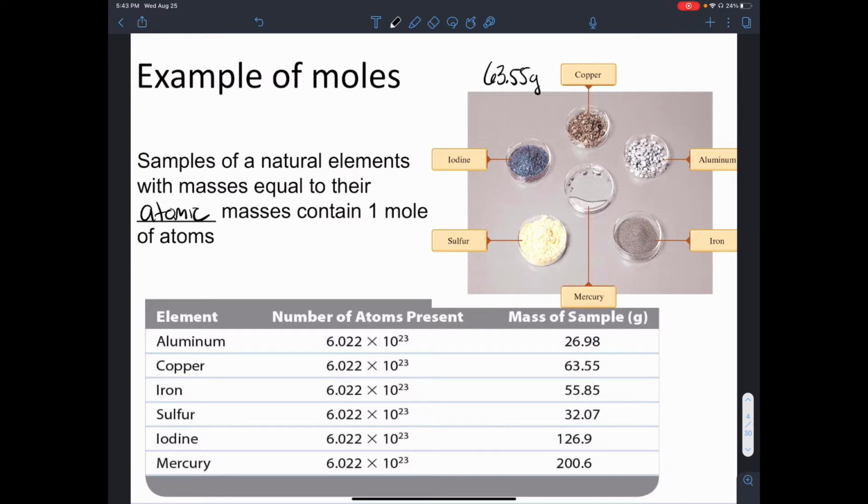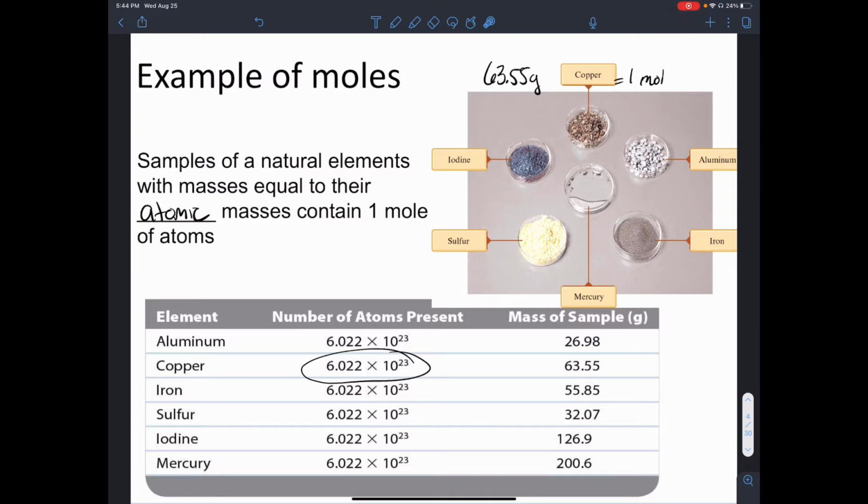That's the atomic mass of copper, so therefore this represents 1 mole of copper, or 6.022 times 10 to the 23 atoms of copper. And the same is true for the rest of these elements. This represents 1 mole of iodine, aluminum, iron, mercury, and sulfur. They're listed in this table as well.